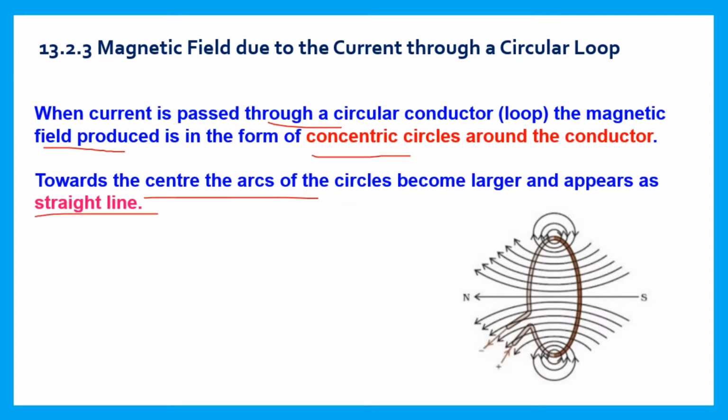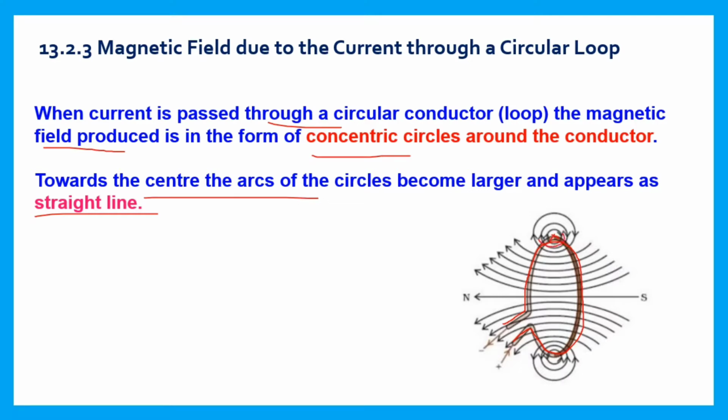Here in the picture you can see clearly that this is our circular loop. I am drawing the circular loop with my red marker. This is our circular loop. And when current is flowing in it, a magnetic field is produced, and if I consider this magnetic field at this point, it is circular.